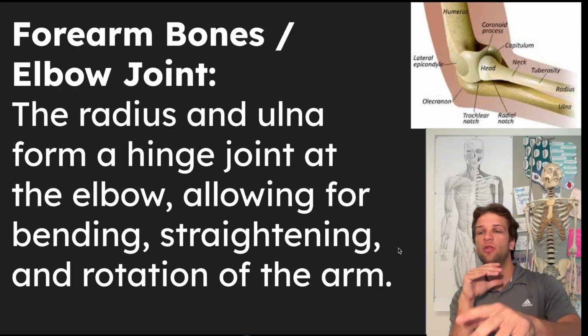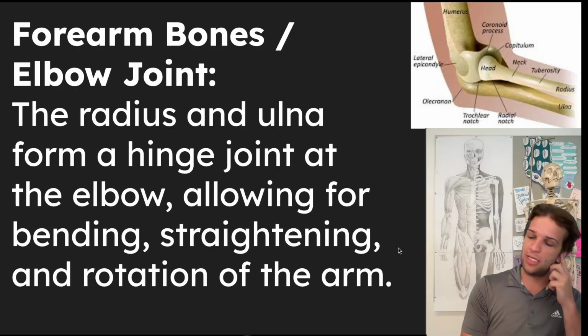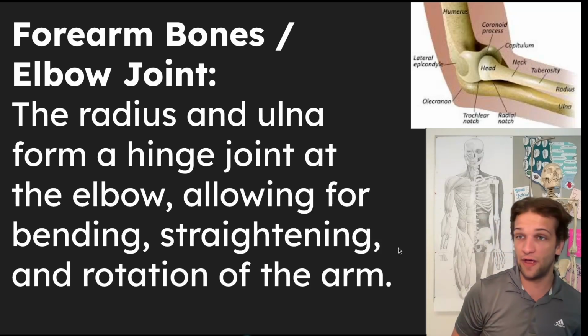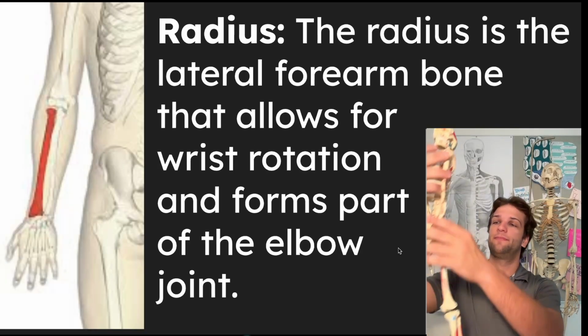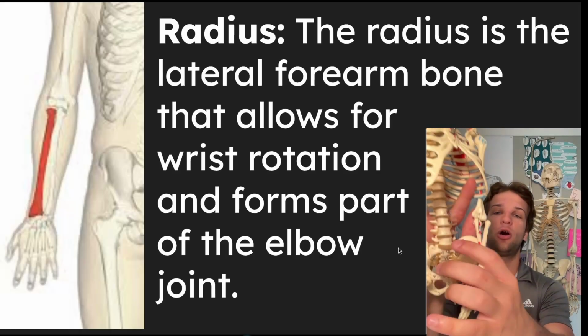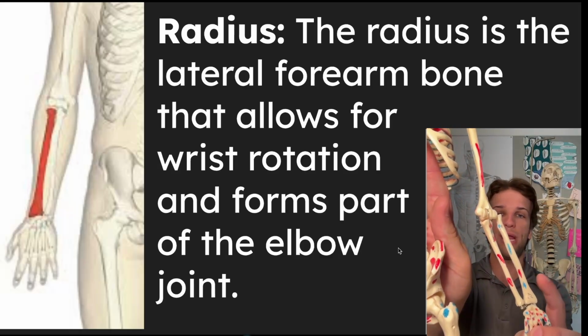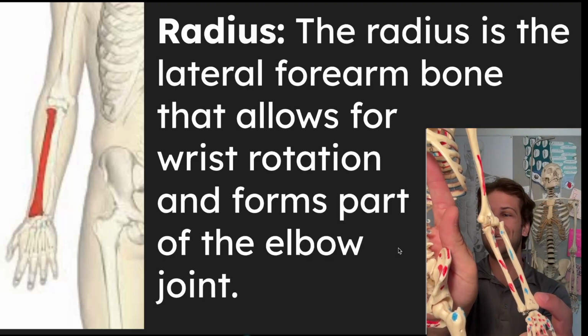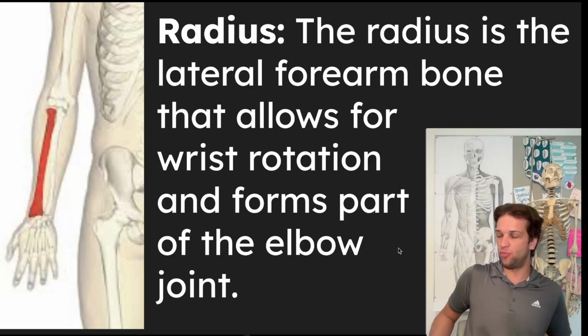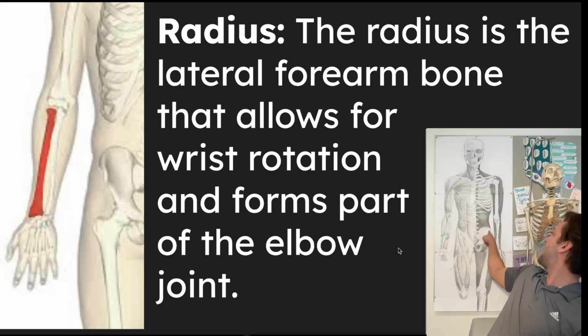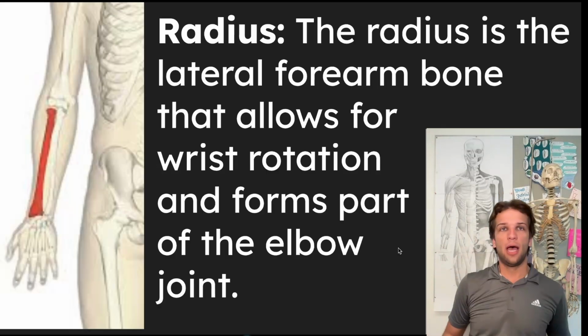Now let's talk about the forearm bones that are slotting into it, the radius and ulna. We're going to start with our radius. If you see in the image and on our guy here, the radius is going to be the outer bone when we are in anatomical position, which, if you remember, is like our guy here, hands out.